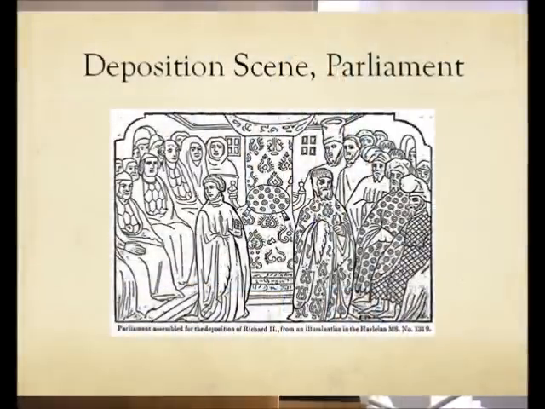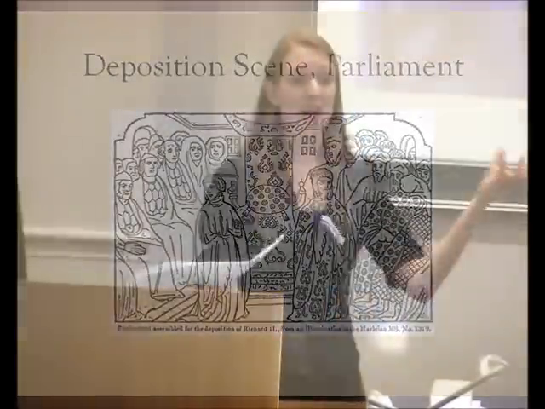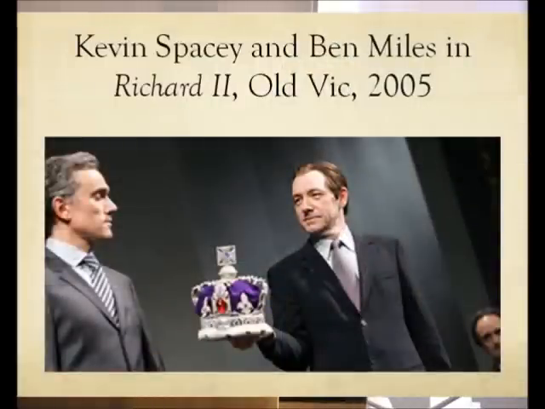You have here a wonderful medieval image of how they imagined the deposition of Richard II would look, and then a contrasting image from the 2005 Old Vic production. That's Kevin Spacey as Richard, offering up the crown to Ben Miles, who's playing Bolingbroke. You can see a challenging look on Spacey's face, and Miles is looking a bit uncertain about whether he should be taking it.